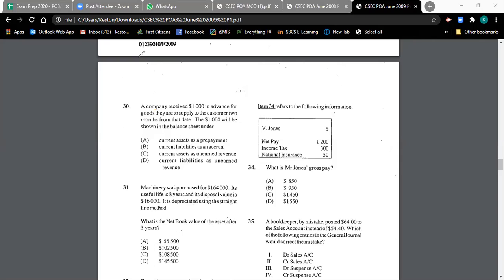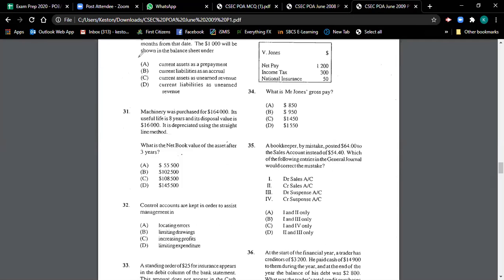31. Machinery was purchased for 164,000. Its useful life is 8 years. Disposal value is 16,000. It is depreciated using the straight line method. What is the net book value of the asset after 3 years?